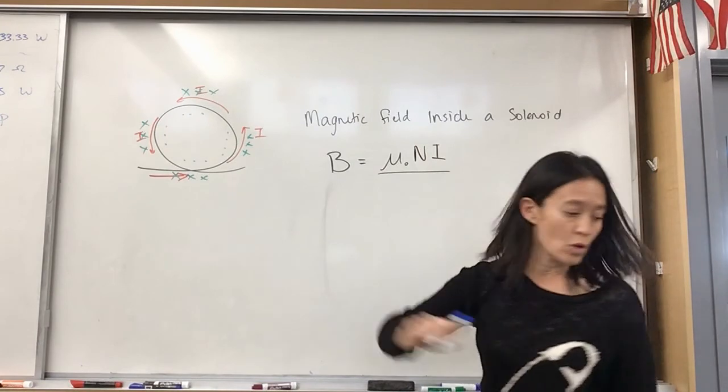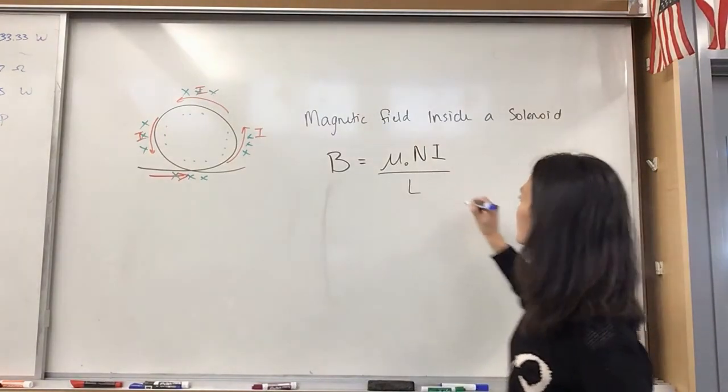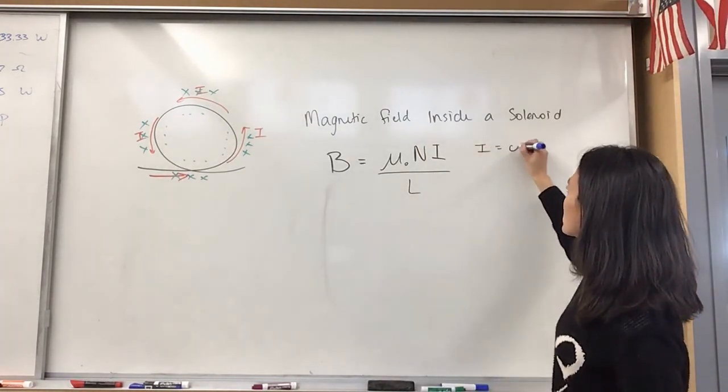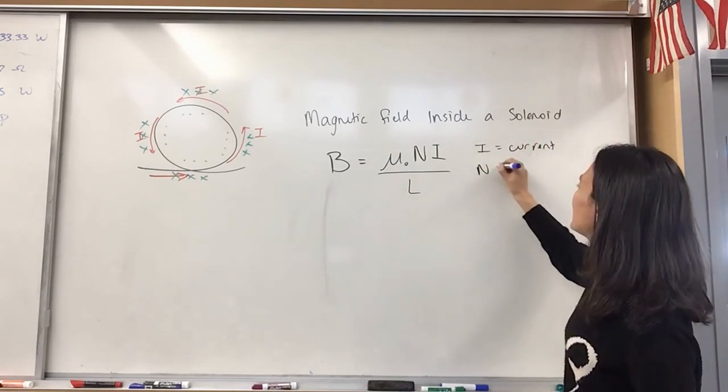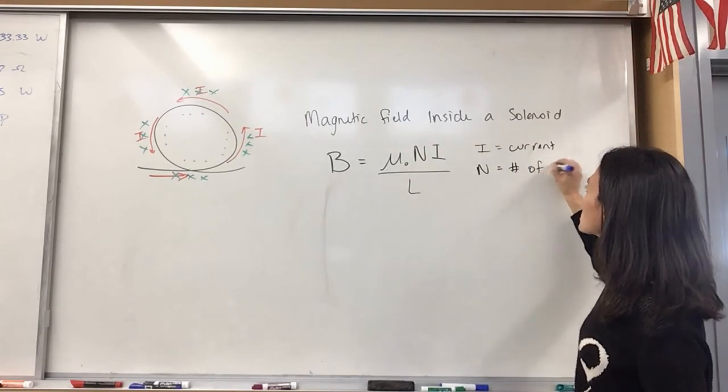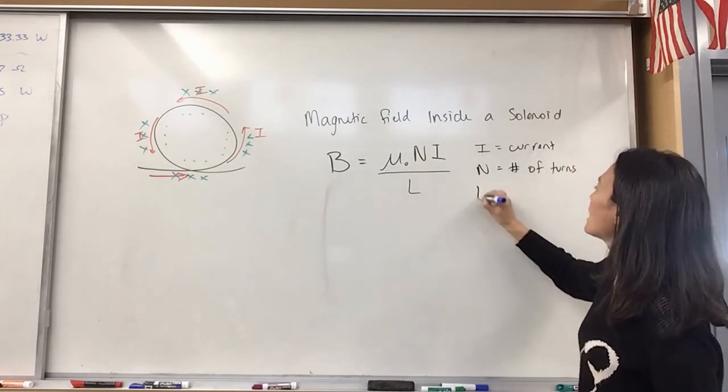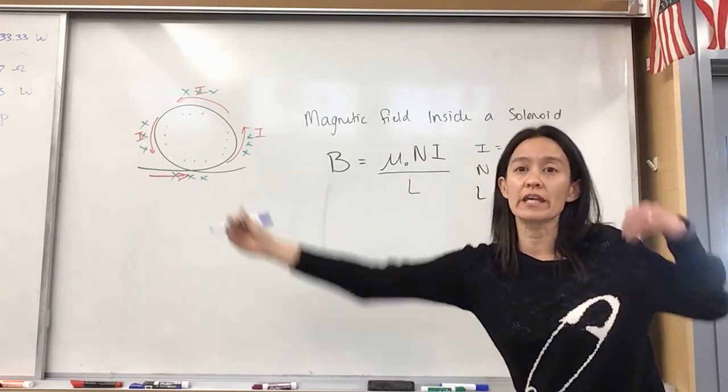I over L, where I is still our current, N is the number of turns, and L is the entire length of the wire.